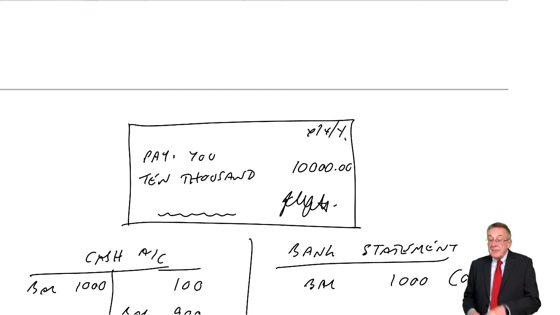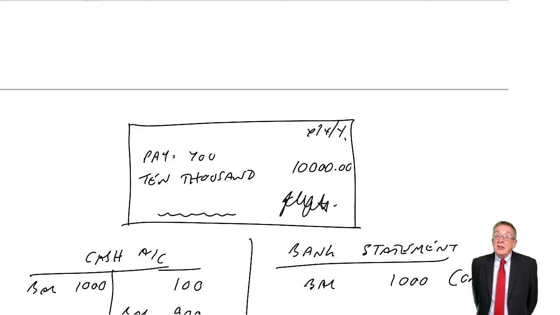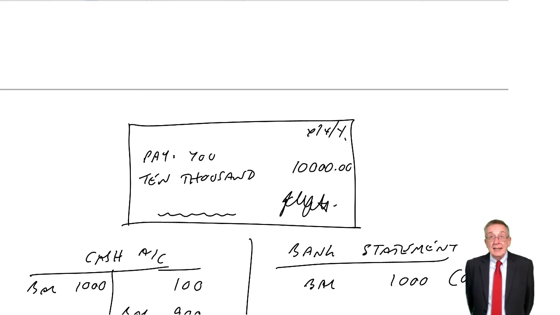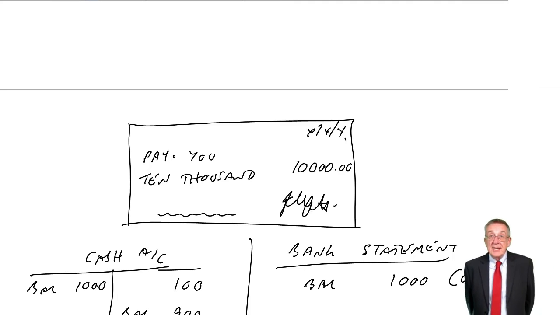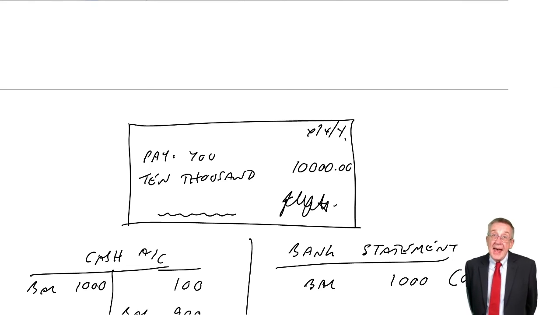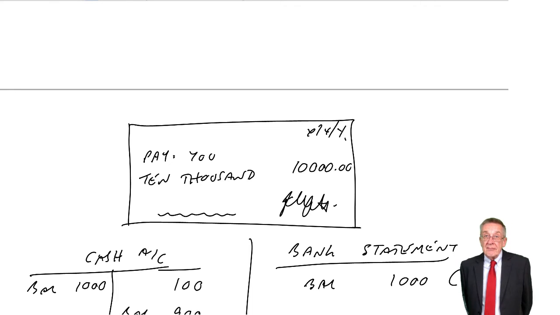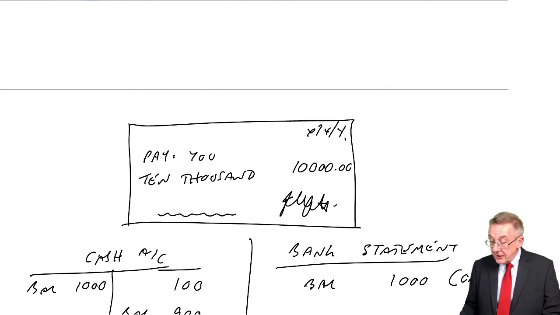And so what happens? You take that cheque to your bank. Your bank contacts my bank. My bank, instead of transferring the money, they come back and say there is no money there. And your bank contacts you and tells you there's no money. Now that's called a dishonored cheque.